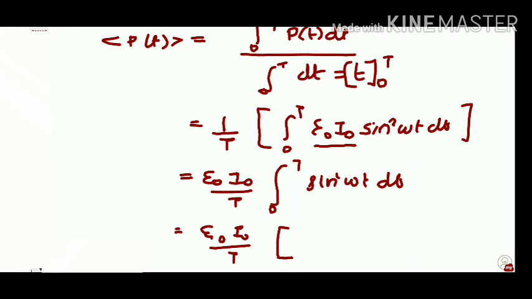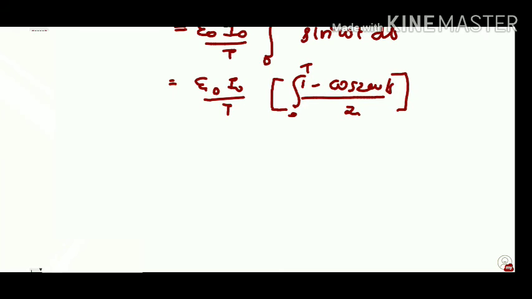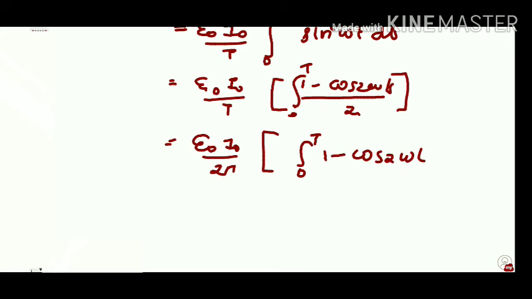I have taught you the expression for sine squared omega t in terms of cos. I can write it as 1 minus cos 2 omega t, whole divided by 2. Integration 0 to T. Moving on, that is equal to epsilon naught I naught by 2T, integral 0 to T of 1 minus cos 2 omega t.